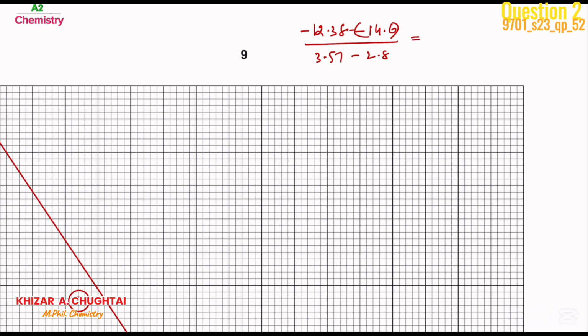So here is the answer of this whole sum, and that is equal to minus 12.38 plus 14.6 divided by 3.57 minus 2.8. So that's equal to 2.2 divided by 77.